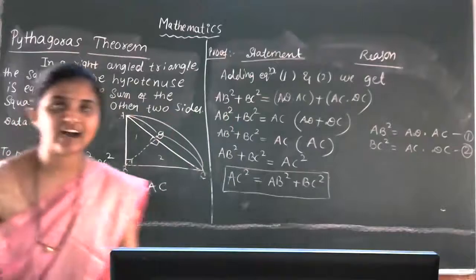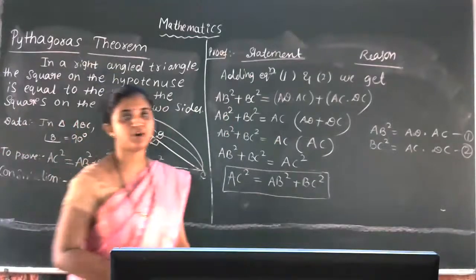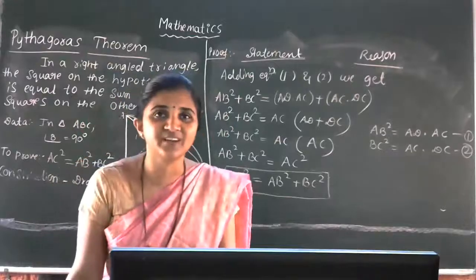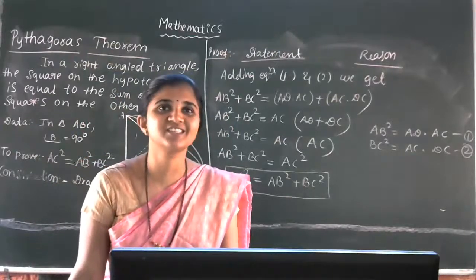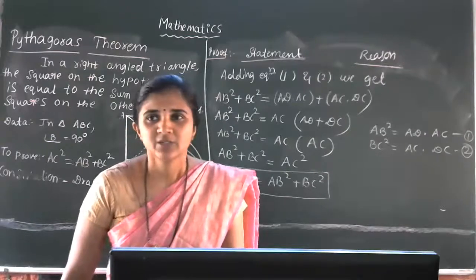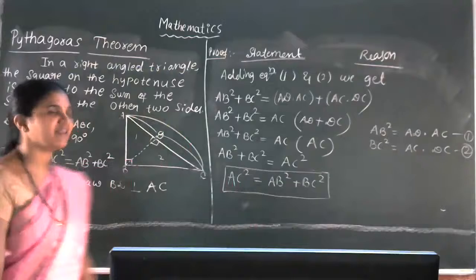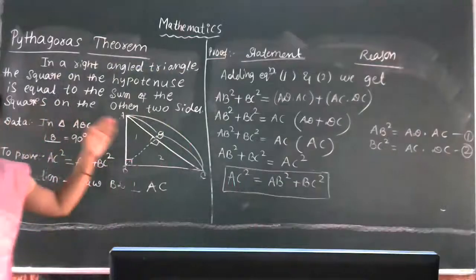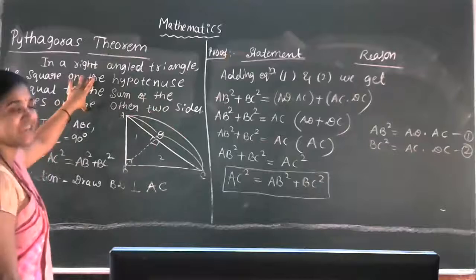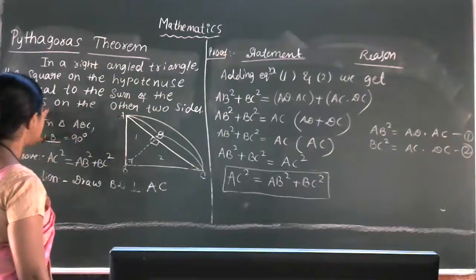What is the value of 17 square? Yes, 17 into 17, 289. Very good. 289 is equal to 8 square, 64, plus BC square.